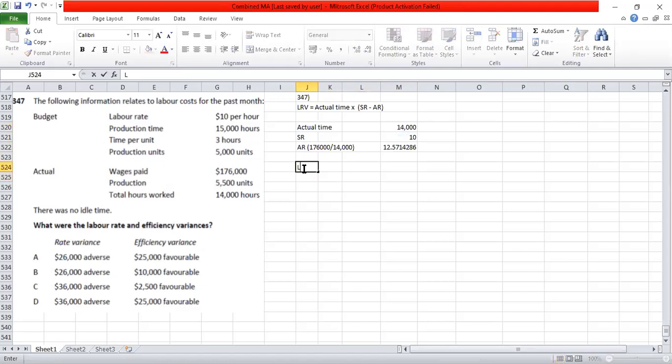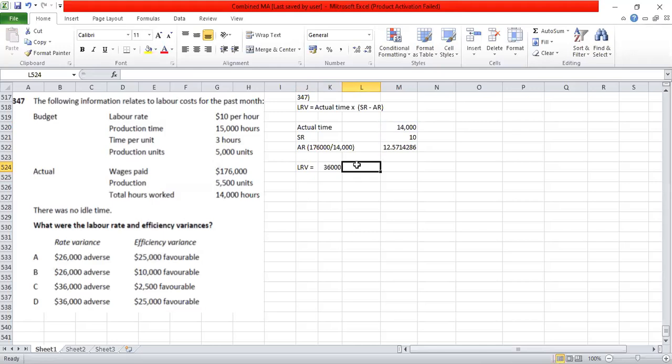Labor rate variance is equal to, we don't write a negative sign, we just find out the difference and then mention whether it is favorable or unfavorable.